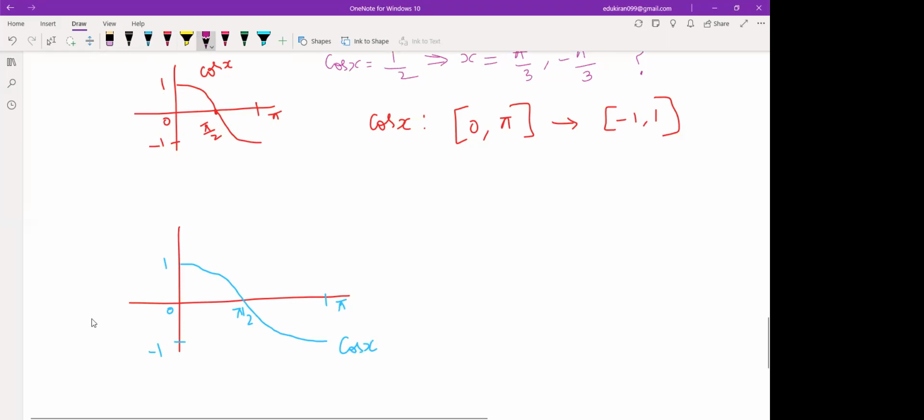Now draw a line y is equal to x. And you take the mirror image about y equal to x. When you take the mirror image, it will be like this.